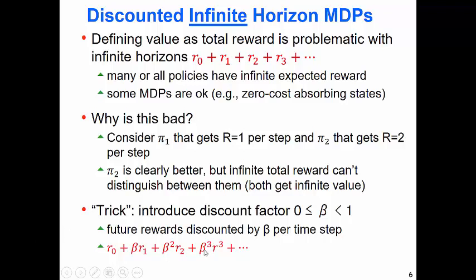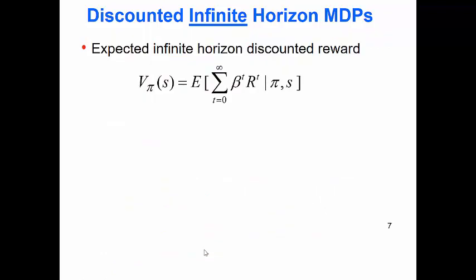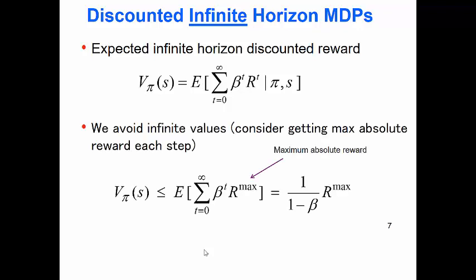So rewards that are further in the future are not going to be as important to us when we're thinking about what to do. And that's just one way of dealing with this problem. So we define this, and the main point here was that we define the value function in this way. Make sure everybody understands this expression. Any questions about this?